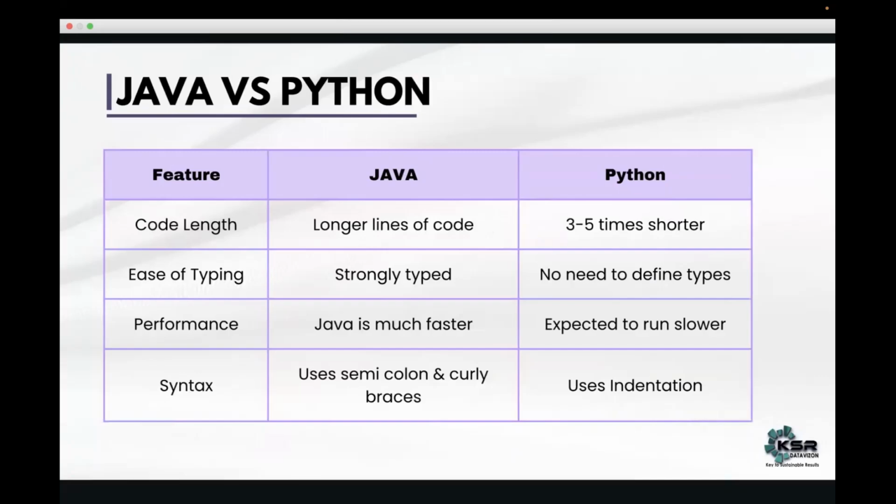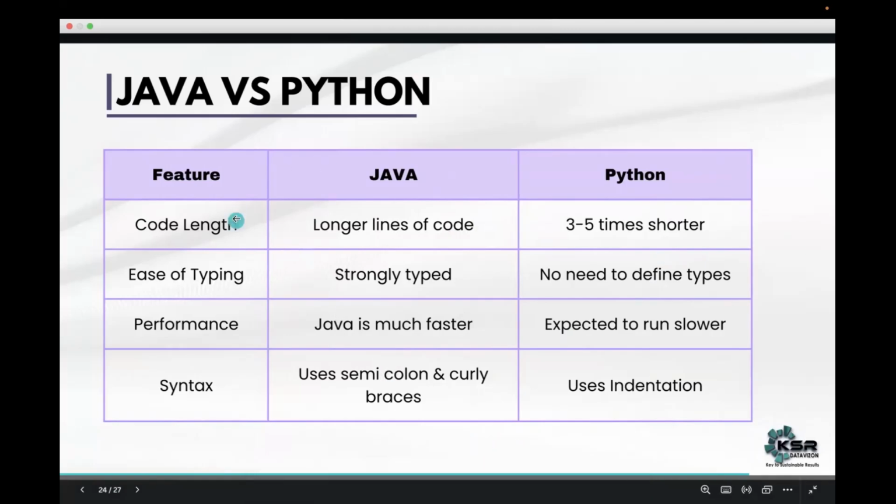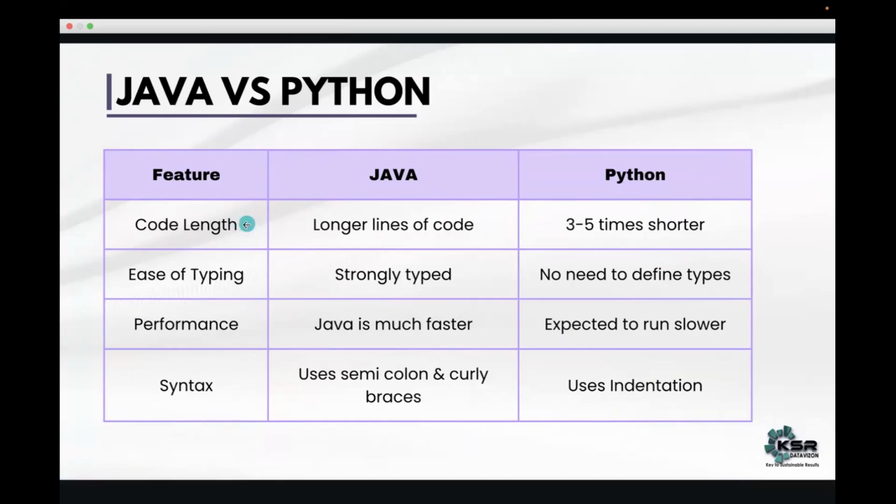I haven't written all the differences. We'll see code length first. Since in Java you have to define types, it's easier to read. Even Python is easy to read, but its syntax is more compact, while Java's syntax is more verbose. So Java has longer lines of code. If you're doing a task in Python, you can do it in 3 to 4 times fewer lines.